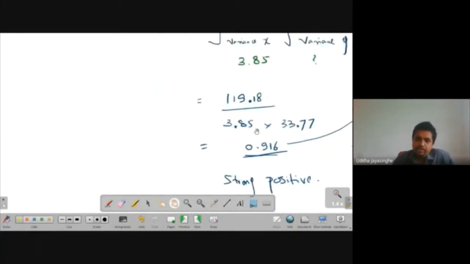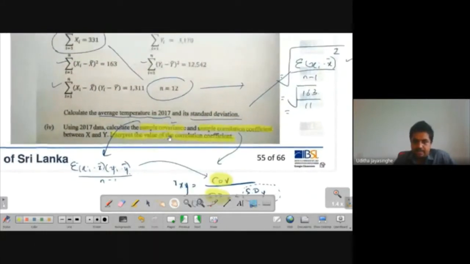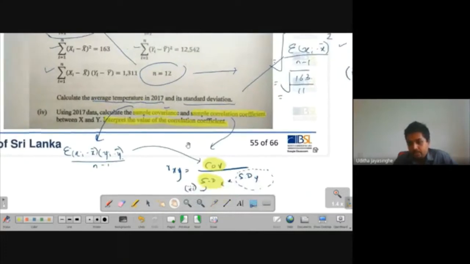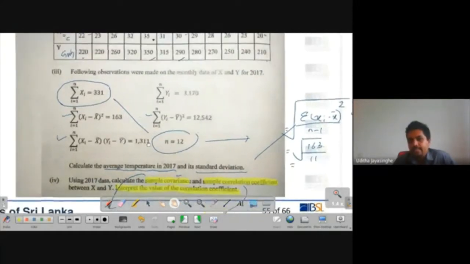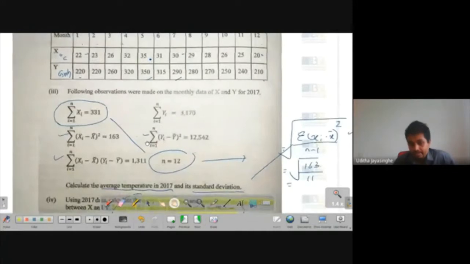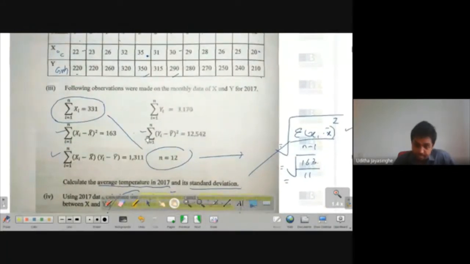So you have to do a bit of writing and do your elaboration. Interpreting, as in, once you come to Rxy equal to 0.91, you have to tell that if I take X as my independent variable, the temperature, and Y as my dependent variable, the electricity consumption, we can find a strong positive correlation between these two values.